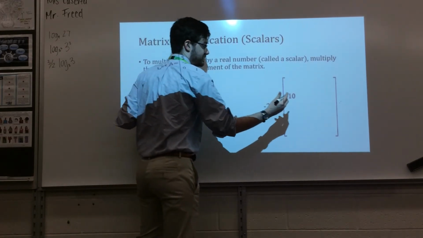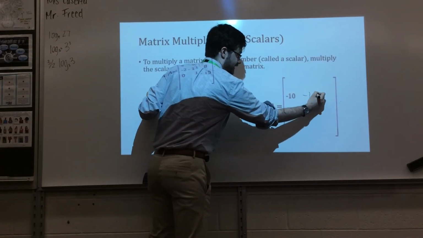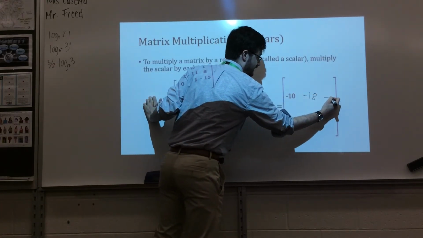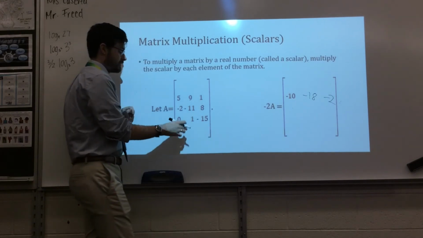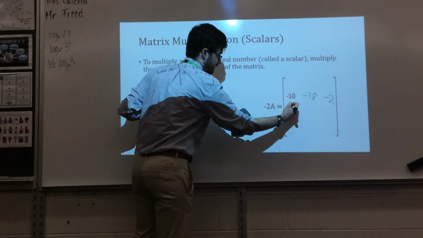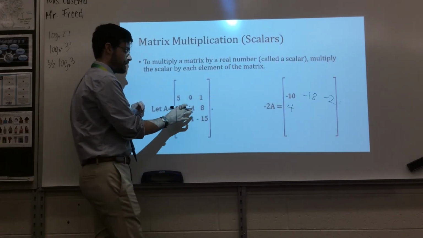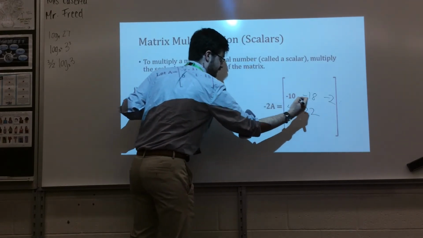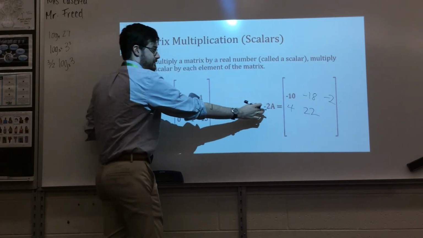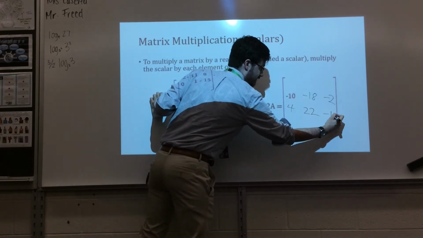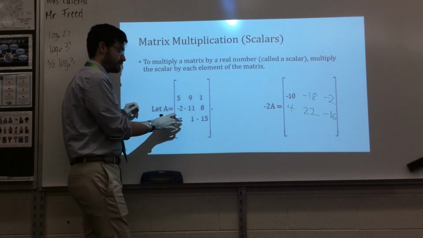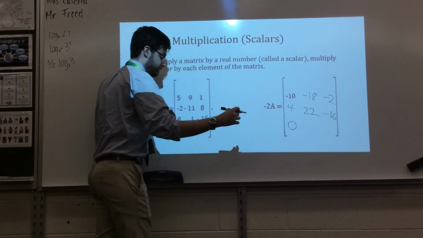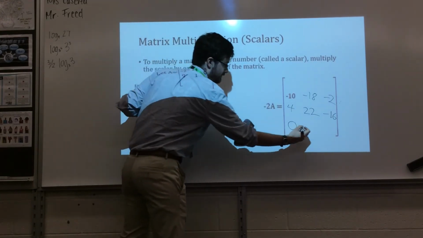9 times -2 gives us -18. 1 times -2 gives us -2. -2 times -2 gives us +4. -11 times -2 gives us +22. 8 times -2 gives us -16. 0 times anything, I don't have to worry about that, we'll still stay 0. 1 times -2 is -2.